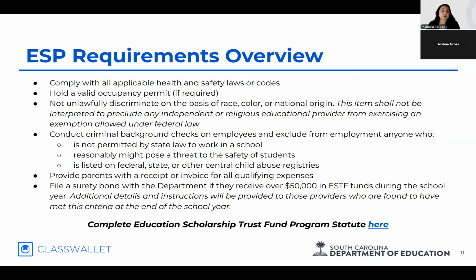Service providers must also conduct criminal background checks on employees and should exclude from employment anyone who is either not permitted by state law to work in a school, anyone who might reasonably pose a threat to the safety of students, or is listed on the federal, state, or other central child abuse registry.